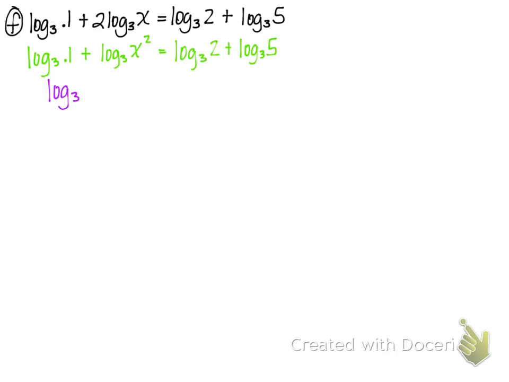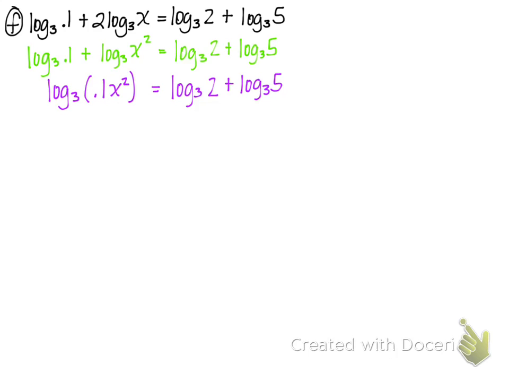So you have log base 3 of, and I'm going to put some parentheses around this guy, 0.1 x squared. And we still haven't touched this side. Okay, we're in business. The left-hand side is condensed to a singular logarithm.